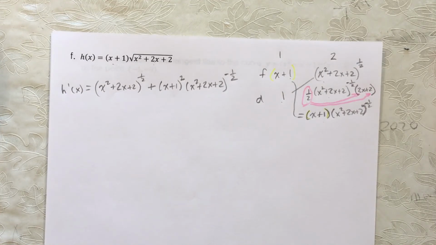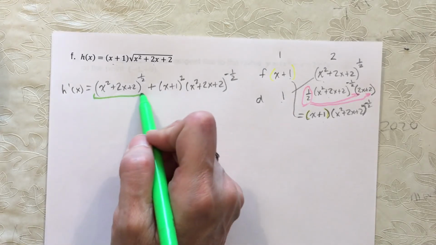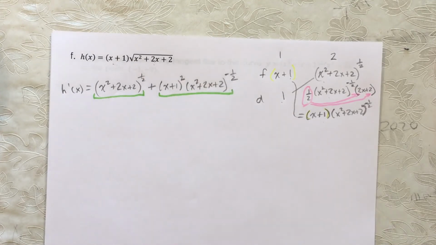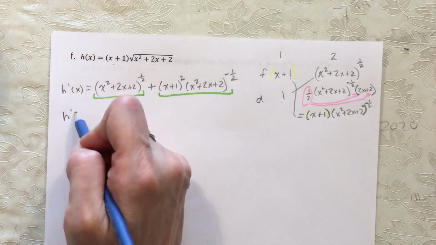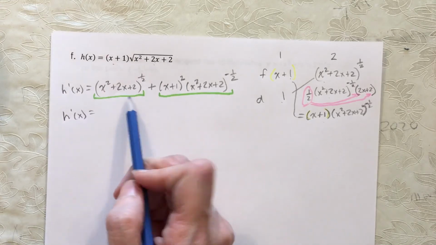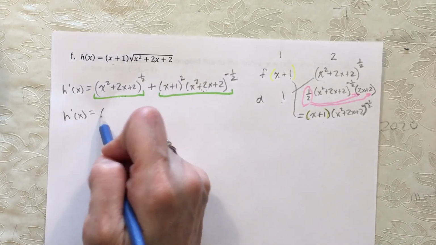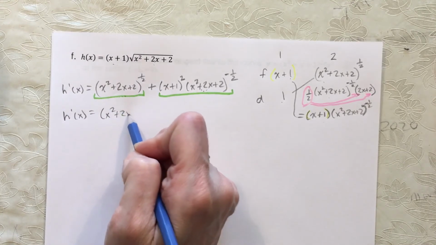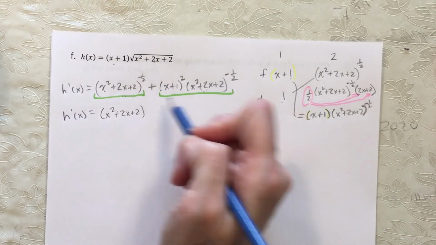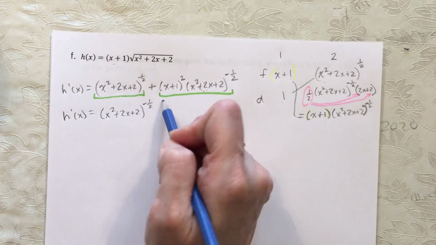Now we're going to do the algebra to get it into simplified factored form. So here's my first big chunk and my second chunk, separated by a plus sign. So I'm looking for the greatest common factor. So the only things in common with these two chunks are the x squared plus 2x plus 2, and I take the smaller exponent, which is -1/2.